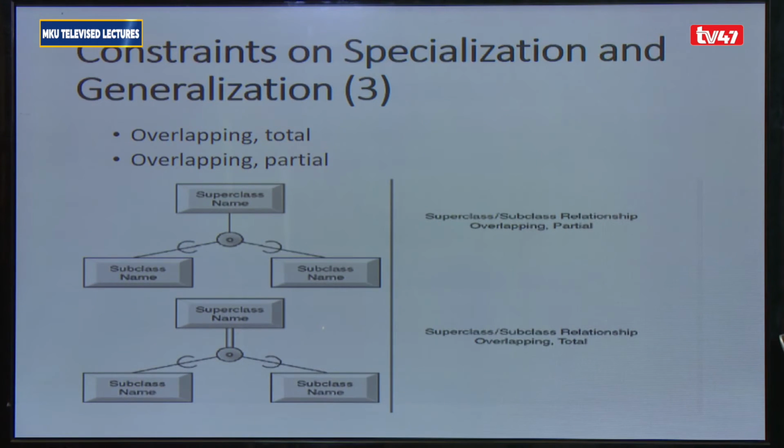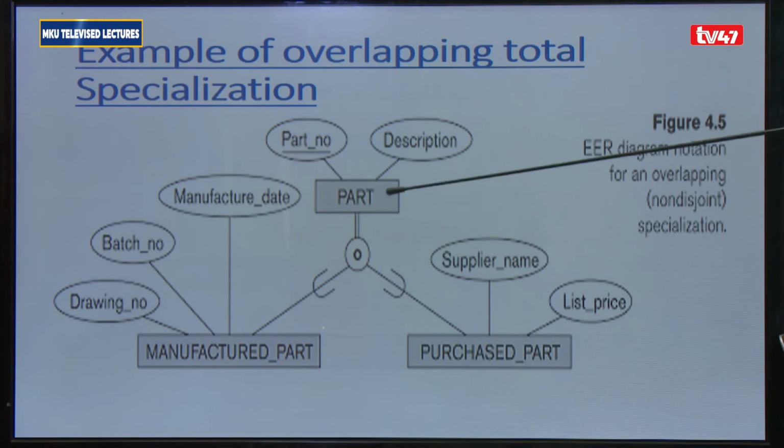I want us to look at an example of where these two apply. We have parts here. And let's say these parts belong to an industry that does manufacturing and assembly.